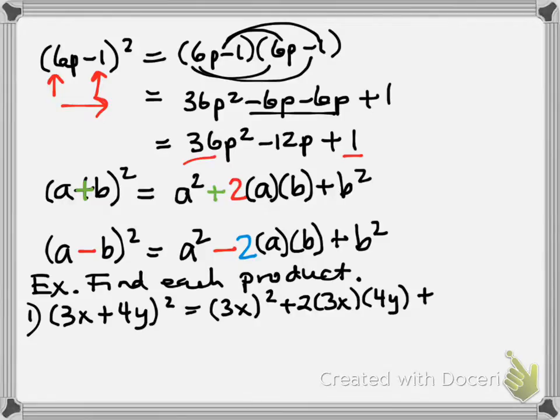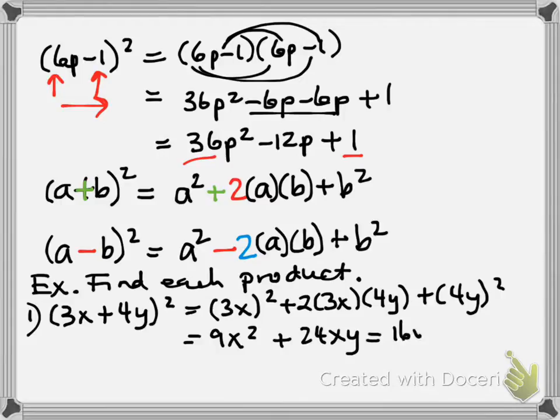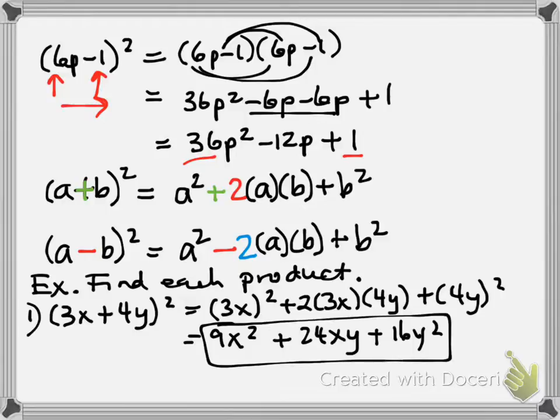And then it's always plus and square the last term. 9x squared plus 24xy plus 16y squared. So, if you understand this pattern, the answer comes like that. Okay? So, let's try another one.